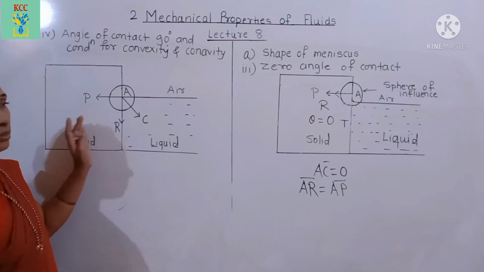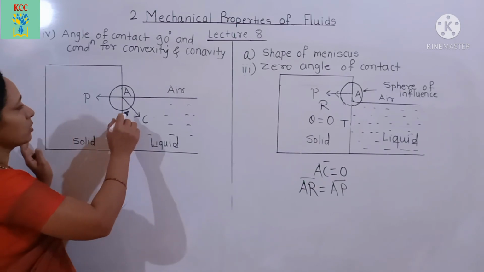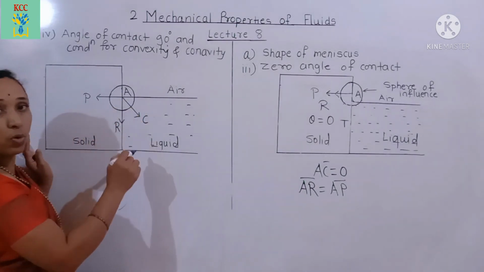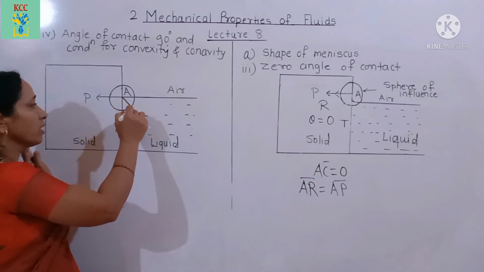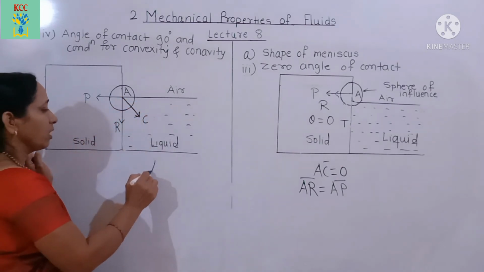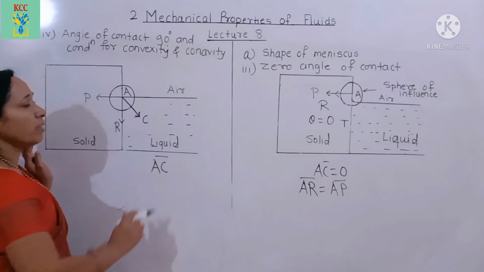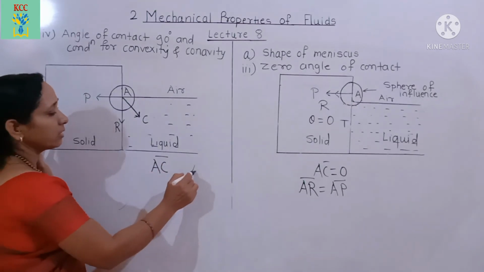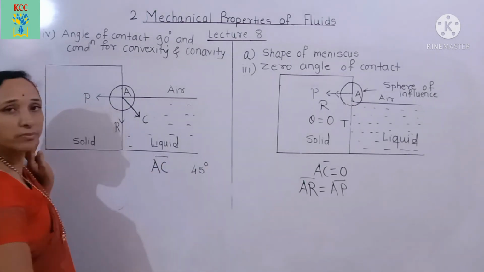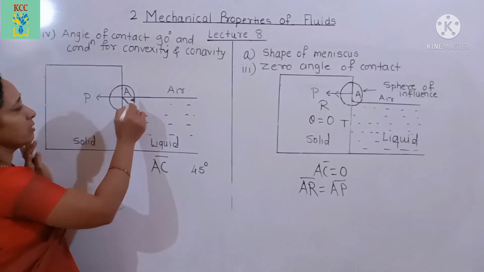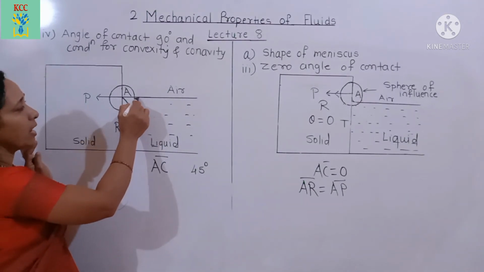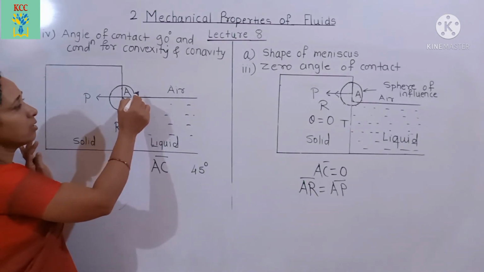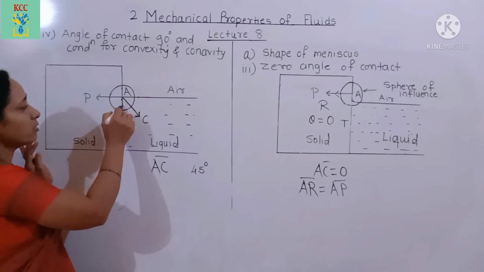The resultant force, that is the cohesive force AC bar, makes an angle of exactly 45 degrees at either surface, that is at the liquid surface and also at the solid surface.